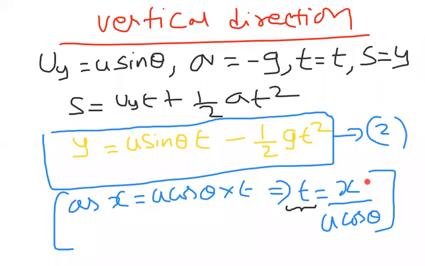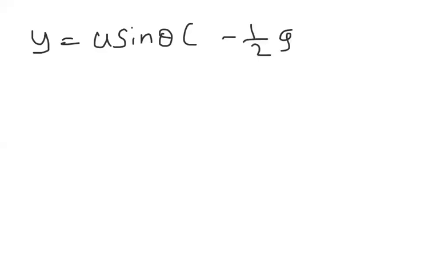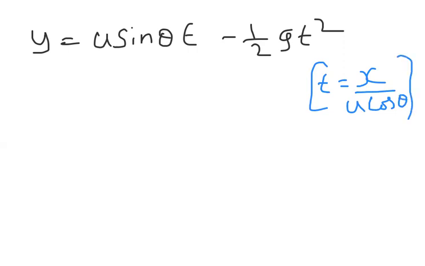Observe carefully what I am doing now. y is equal to u sin theta into t minus half gt square. Just now I told you that in the place of t I can substitute x by u cos theta, because time is the same, whether horizontal or vertical.